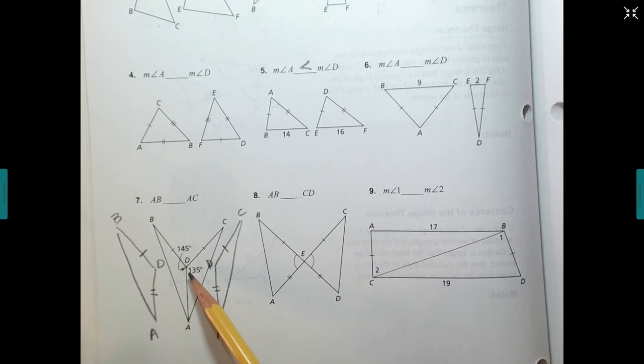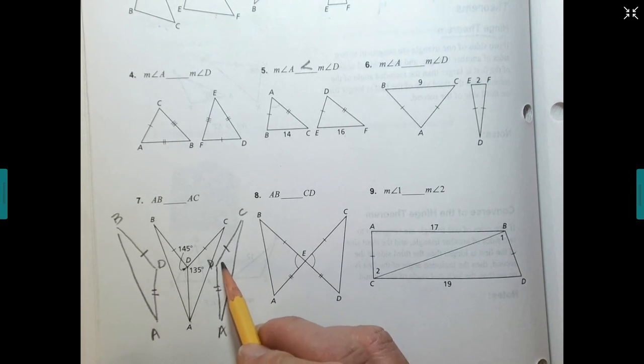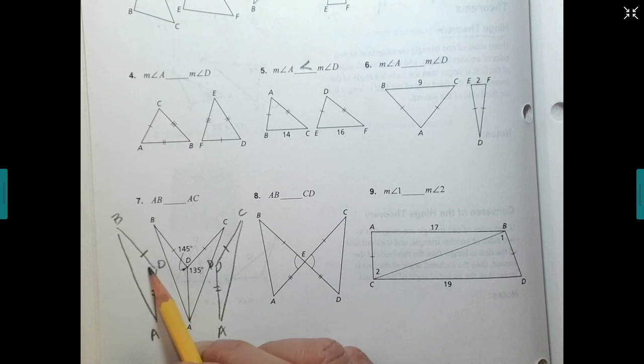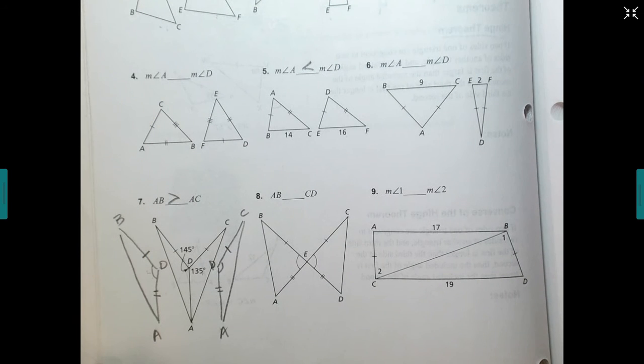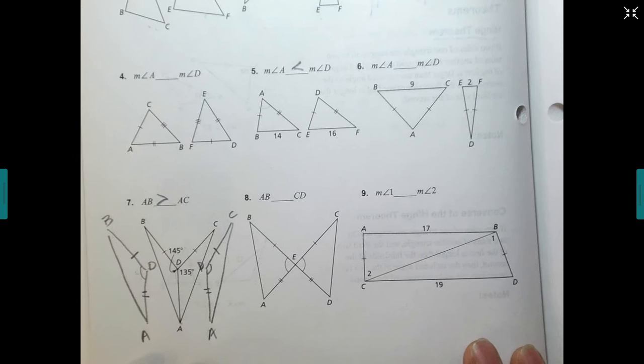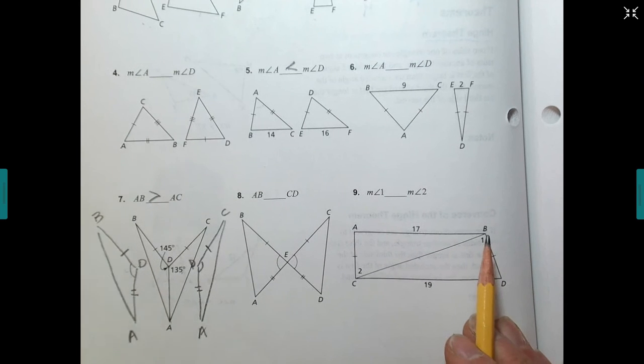So what do we know about AB compared to AC? Well, we know that this is 135 and this is 145. So this one's larger. So AB is greater than AC. All right, there you go. Don't forget, for this one, you have a shared side. So this is equal for this triangle and for this triangle.